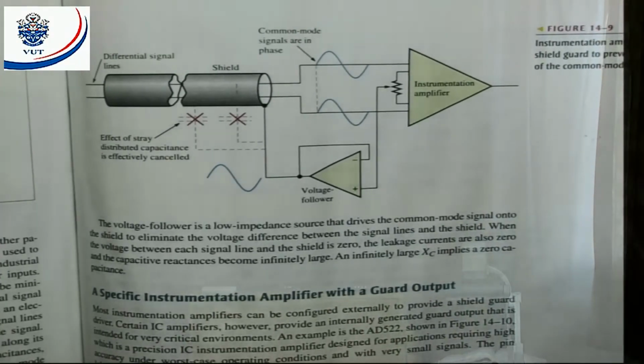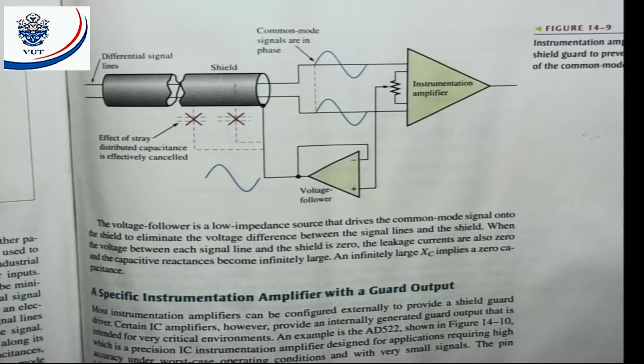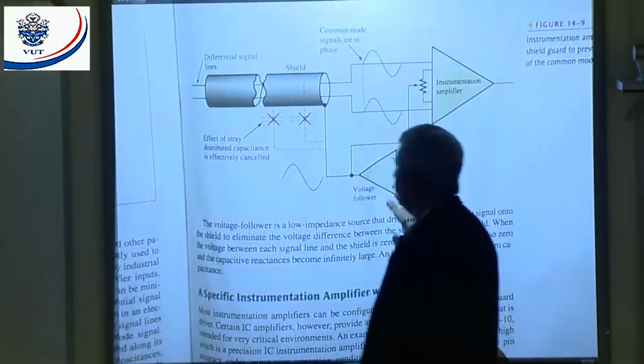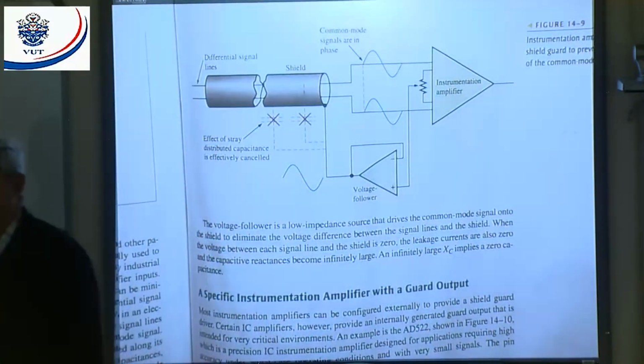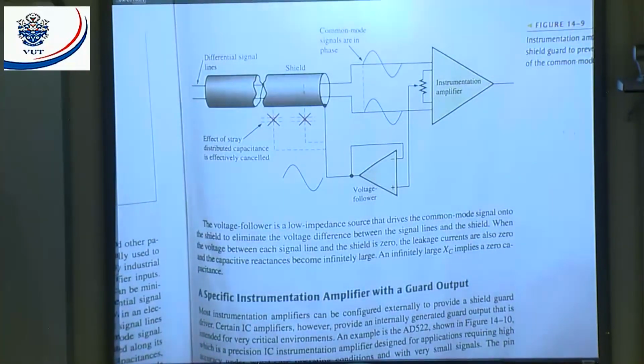All right, here they apply shield guard. Now, we know the characteristics of a voltage follower. What's the characteristics of a voltage follower? All right, very high input impedance, very low output impedance, and unity gain. All right.